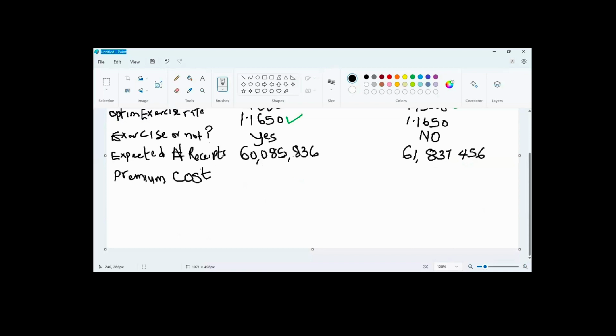The premium computation: 70 million Kudi divided by 100, multiplied by 1.25. That will give you the premium amount in Naira.